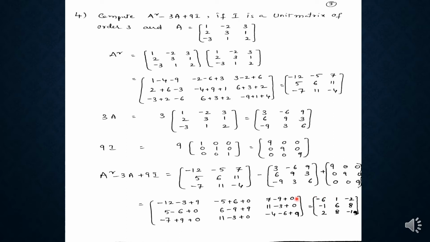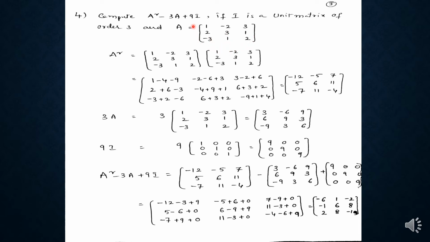Fourth problem. Compute A square minus 3A plus 9I, if I is a unit matrix of order 3 and A is equal to 1 minus 2 3, 2 3 1, minus 3 1 2.